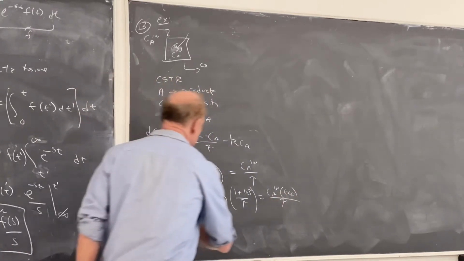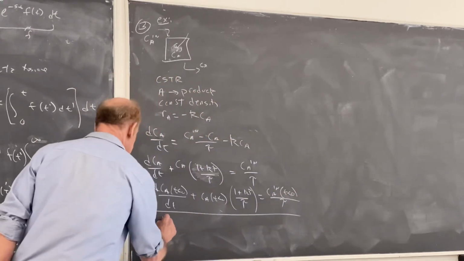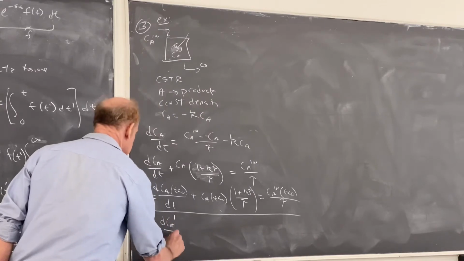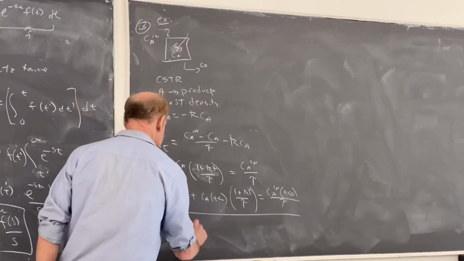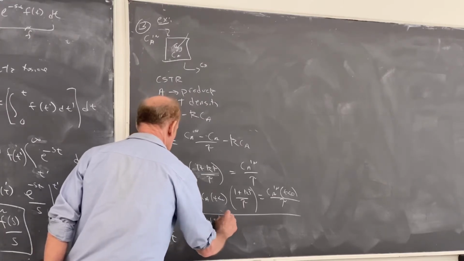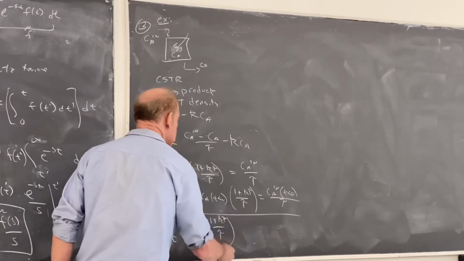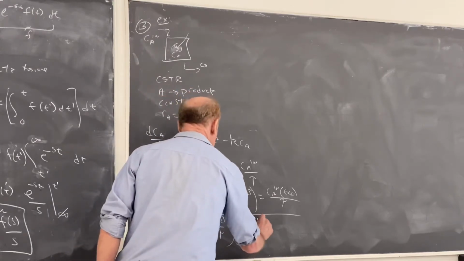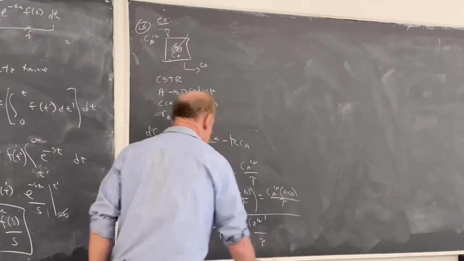And when we subtract, we got dCA prime/dt plus CA prime times (1 plus k tau) over tau equal to CA in prime over tau.